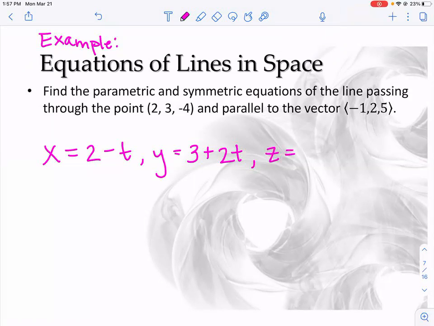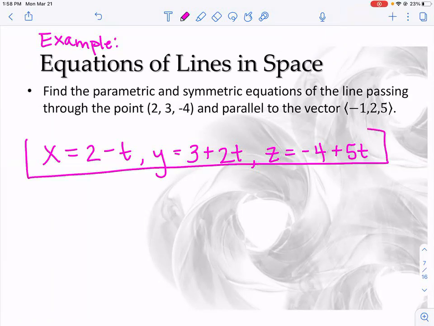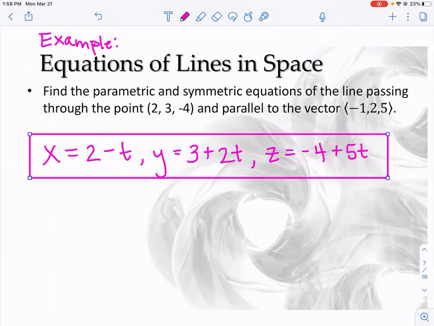Z, we're going to take the z coordinate -4 and add ct. And here is our set of parametric equations for the line passing through this point parallel to this vector.